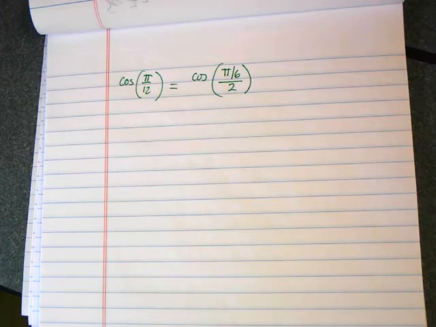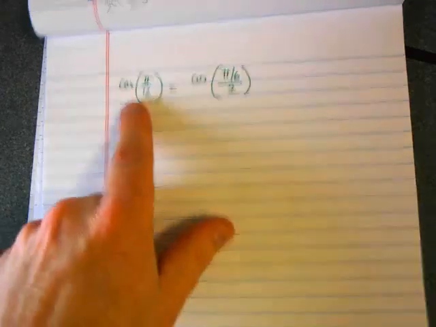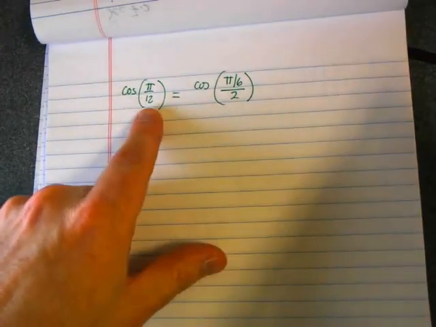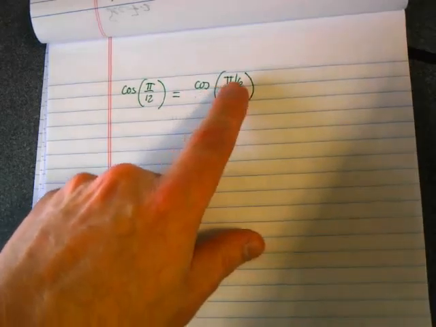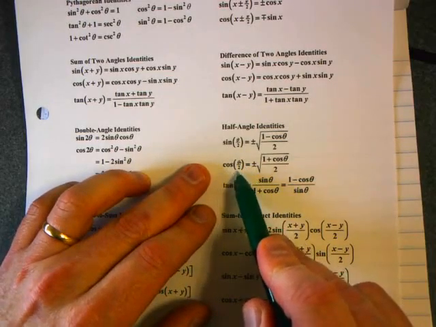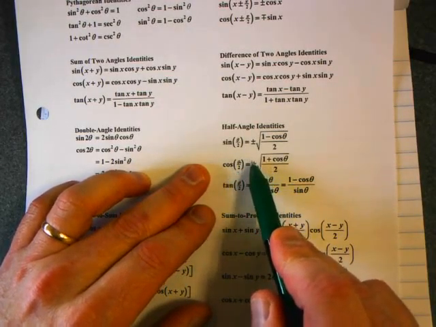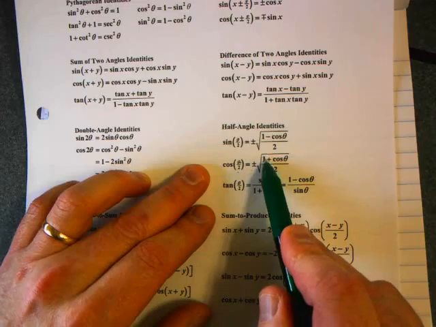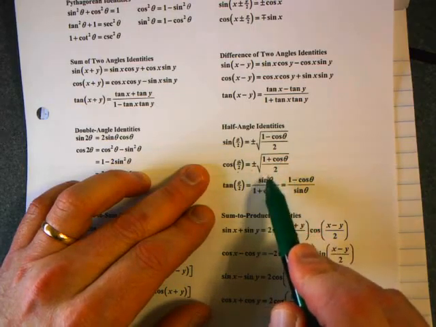You think of 2 as being 2 over 1, you flip and multiply, you get 12. So, according to my half angle identity, cosine of pi over 12 is the same as cosine of pi over 6 over 2. Cosine of pi over 6 over 2 is plus or minus the square root of 1 plus cosine theta over 2.